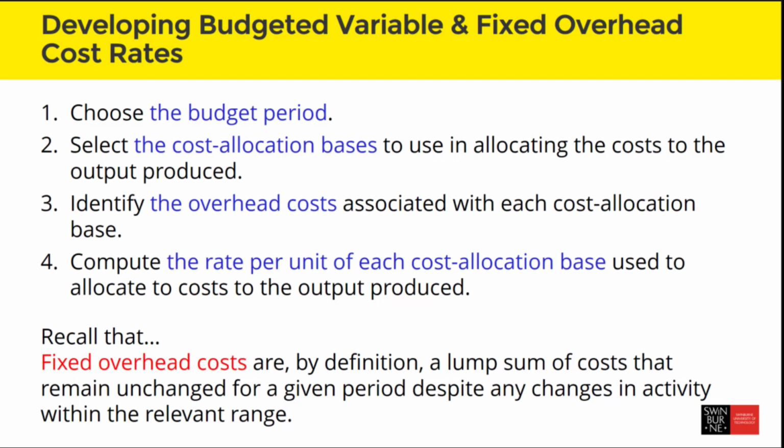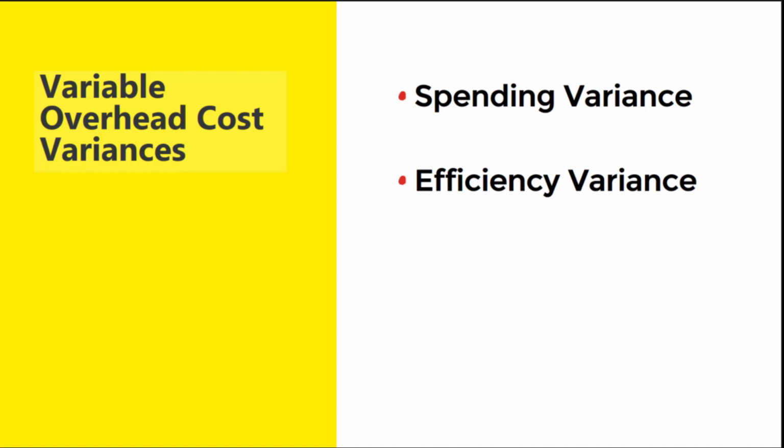What it means is that fixed cost will stay the same if the activity level does not go over the maximum capacity of that associated cost. A simple example: one warehouse can store up to 10,000 boxes. So if production is not above 10,000 boxes, you can still use one warehouse. The cost associated with this warehouse is what we call fixed overhead cost.